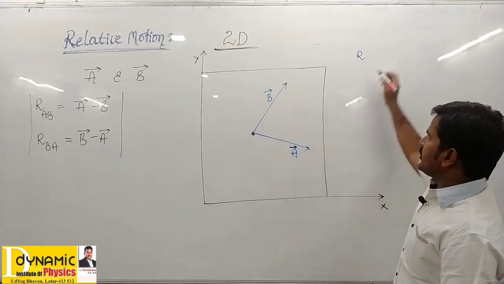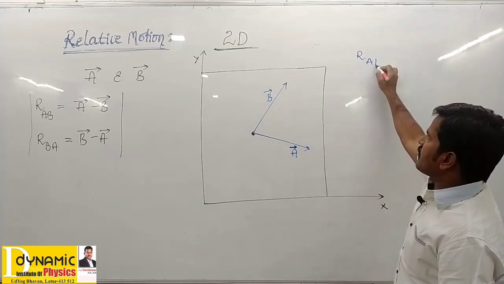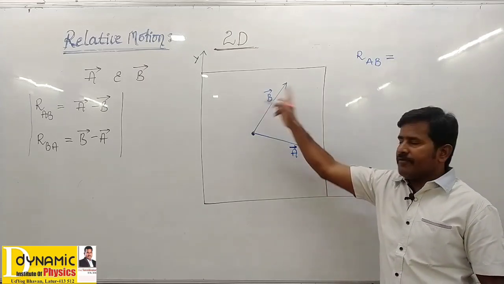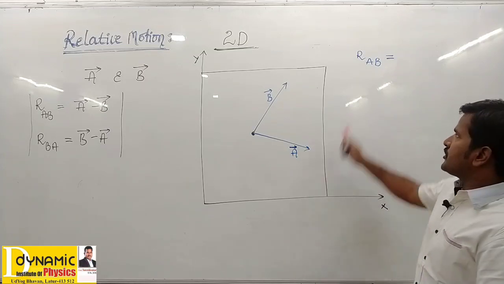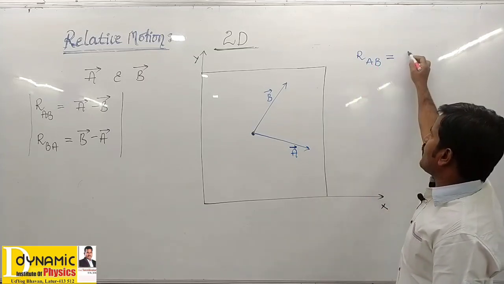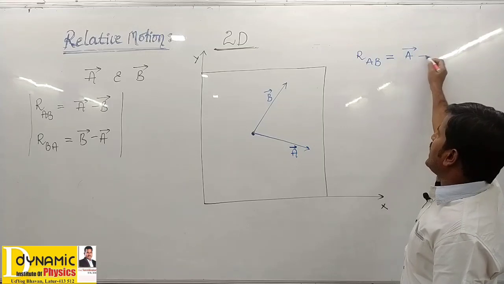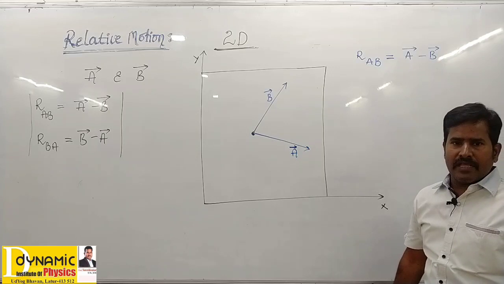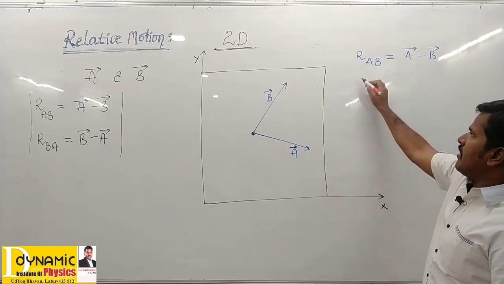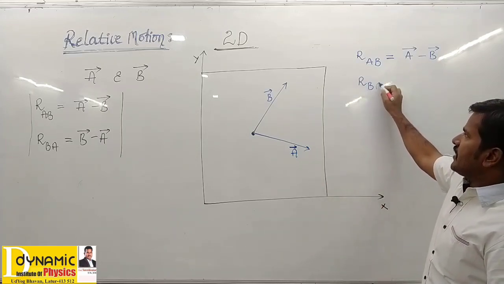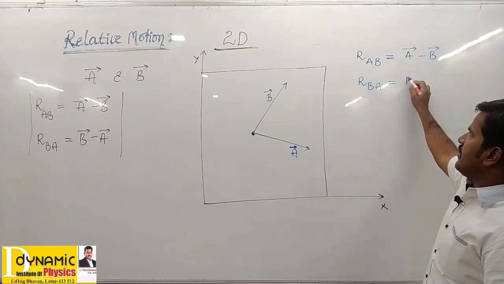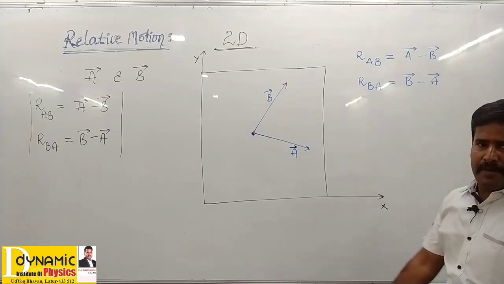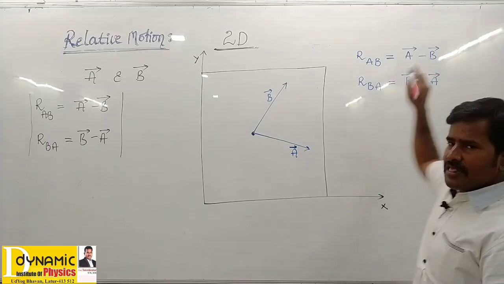We want the relative motion of A with respect to B, which is written as A bar minus B bar. The same as relative motion of B with respect to A, written as B bar minus A bar.